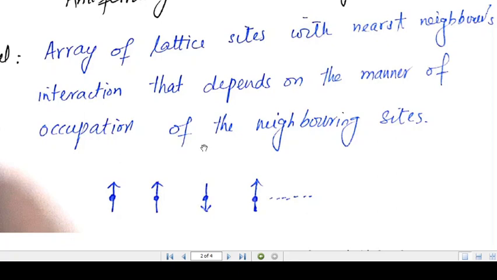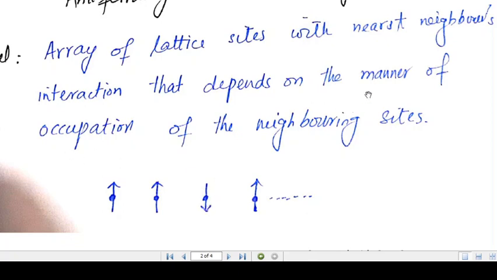What we mean by the manner of occupation is this: these are some atoms placed on the lattice sites, and these atoms have a permanent magnetic moment, which is shown by this arrow and corresponds to spin angular momentum. So it's basically a magnetic moment. This magnetic moment can either point in the upward direction, or in the downward direction.